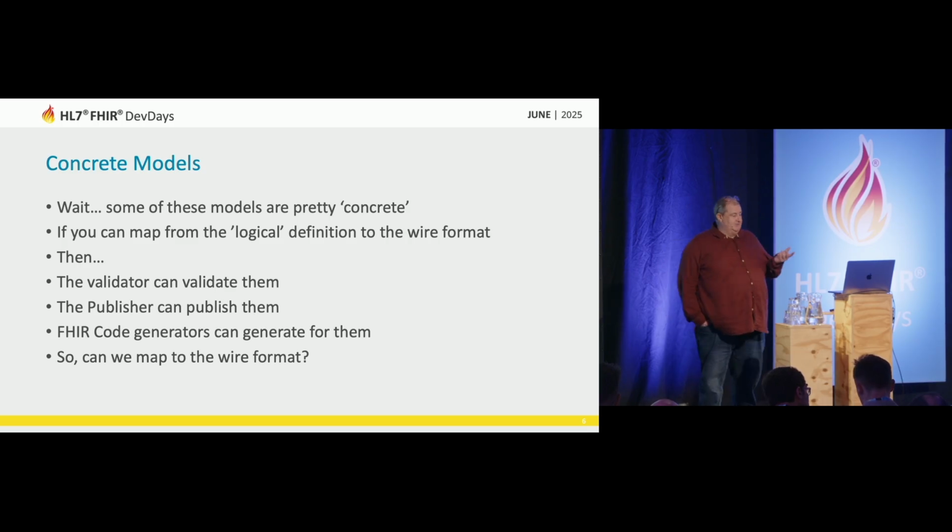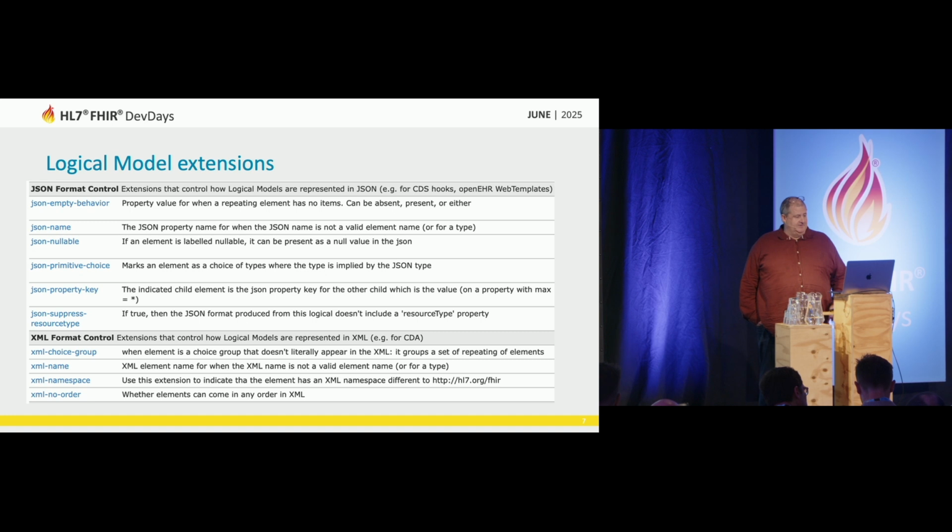So what do we need to do to map to the wire formats? I've been beavering away at this for a few years now, and I've come up with a bunch of extensions that sit inside structure definitions to explain how structure definitions get converted into wire formats.